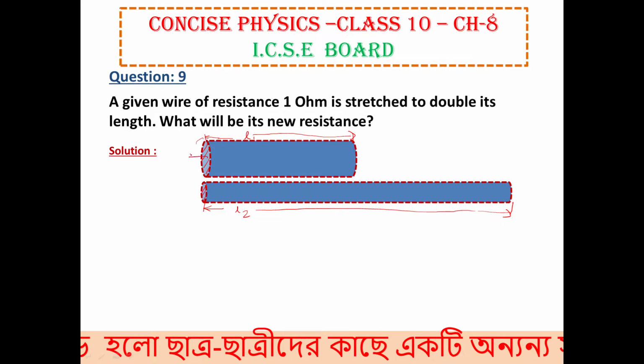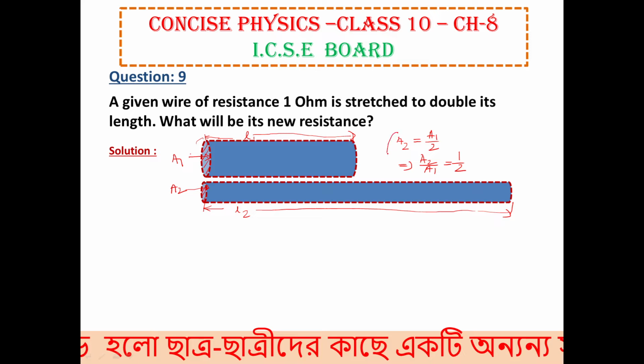If it is A1, the cross section area of this will be A2. Here one relation is there: if the length is double, then the cross section area becomes half. So I can write A2 equal to A1 by 2, that means A2 by A1 equal to 1 by 2.